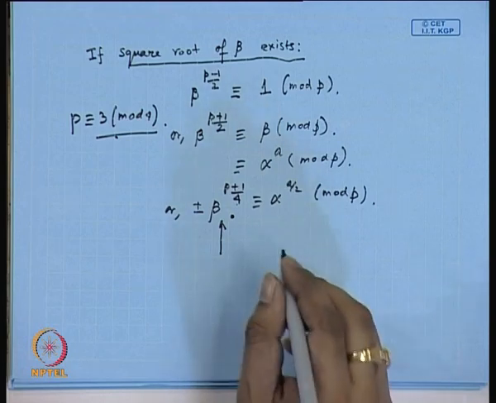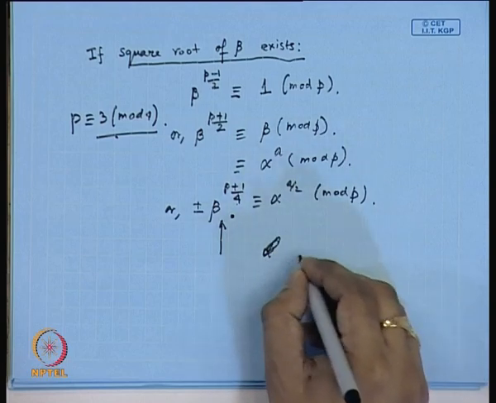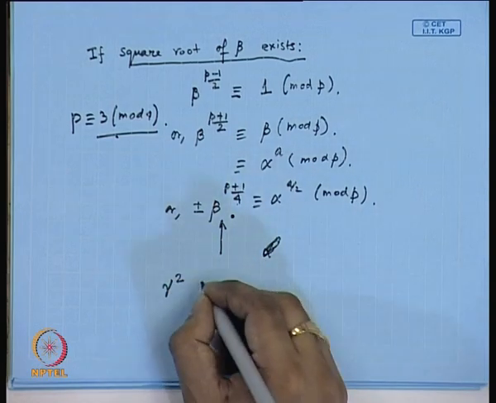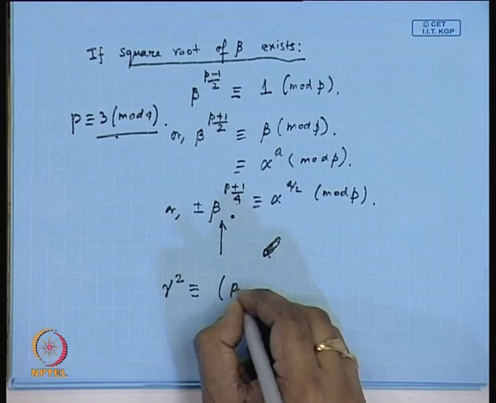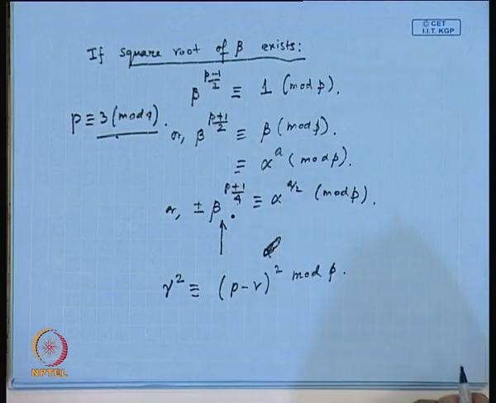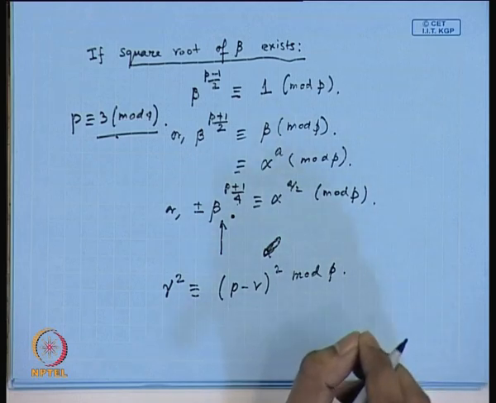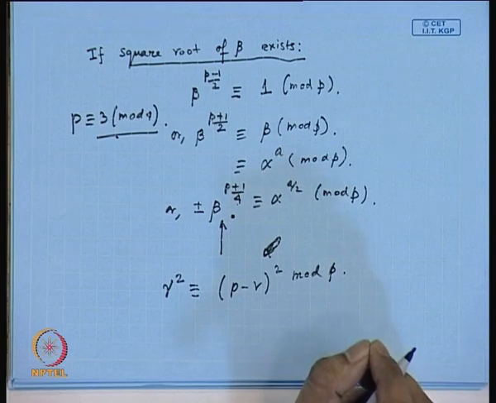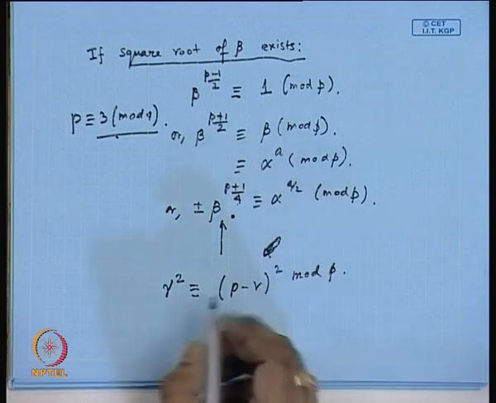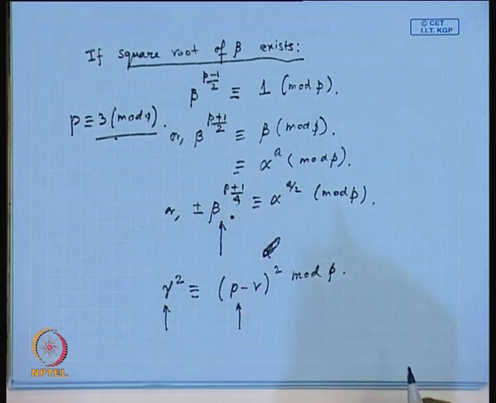And you also note one thing: if I take any value like gamma, then gamma squared and p minus gamma squared are the same when you are working modulo p, and p is a prime, right. So that means you have exactly p minus 1 by 2 quadratic residues, as we discussed, right, and gamma and p minus gamma are different.